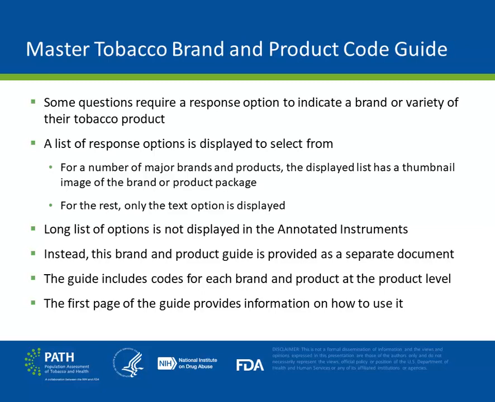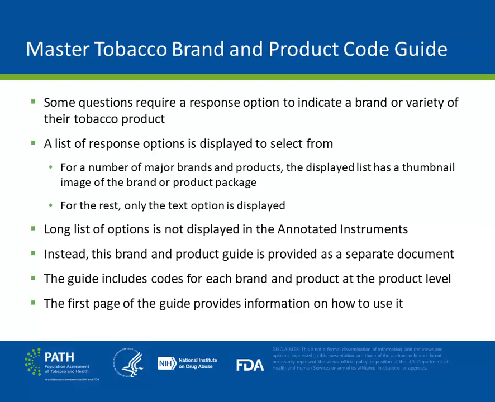The displayed list has a thumbnail image of the brand or product package. For the rest, only the text option is displayed. There are many thousands of brands and product combinations. This has resulted in a long list of options, much too long to display in the annotated instruments.